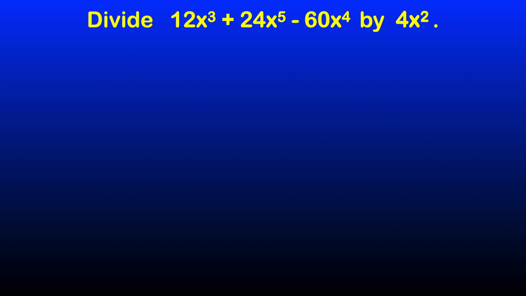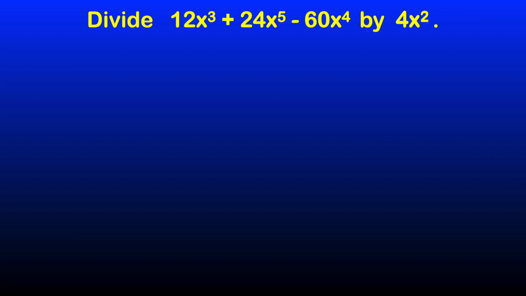12x cubed plus 24x to the 5th power minus 60x to the 4th power divided by 4x squared. So, pansinin ninyo, the terms of the dividend are not arranged in descending order.